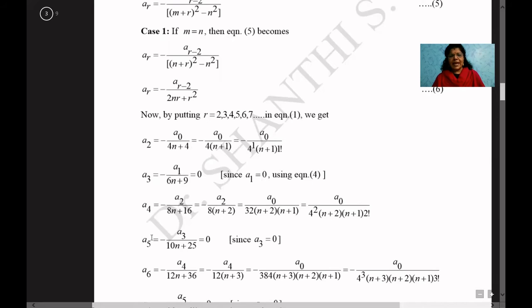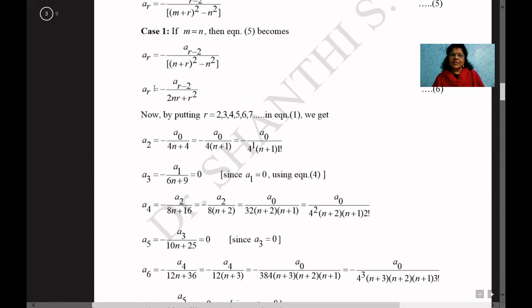Okay. Next, a5. You apply r is equal to 5. So what will you get? a5 will be minus of a3 divided by 5 into 2n, 10n plus 5 square, 25. What is the value of a3? a3 is 0 because a1 is 0. Correct? So a5 will be 0. All the odd terms, since a1 is 0, because here a_r will be dependent upon a_{r-2}.